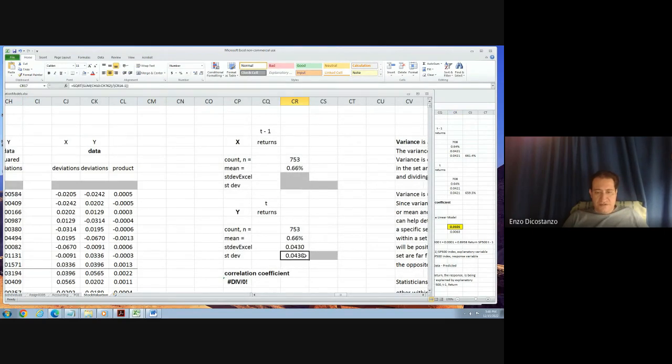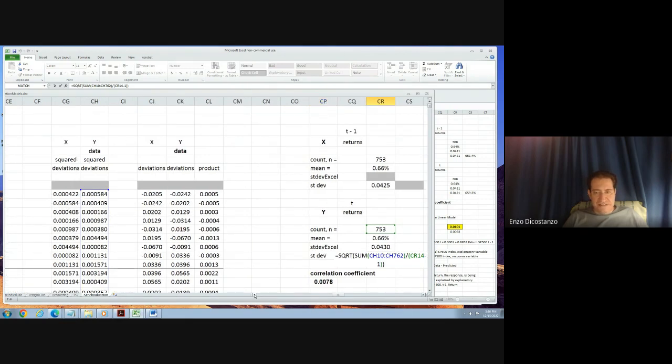After all the thinking that we did, we can just copy and drop it in there. The data is this, so the 753 minus 1 came with us. All we have to do is change that data set, so instead of CH, it's CG 10 to 762.